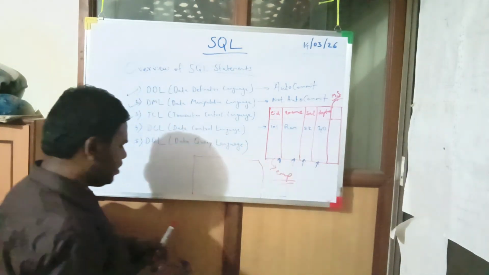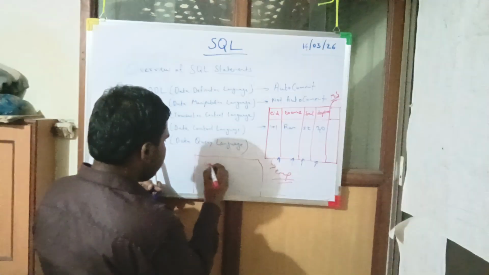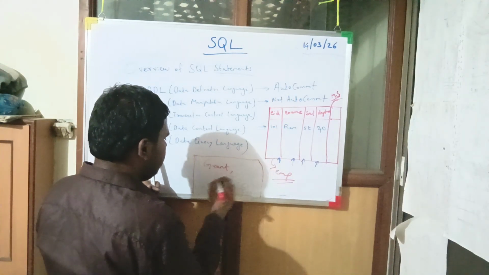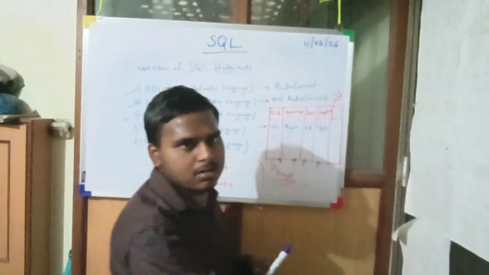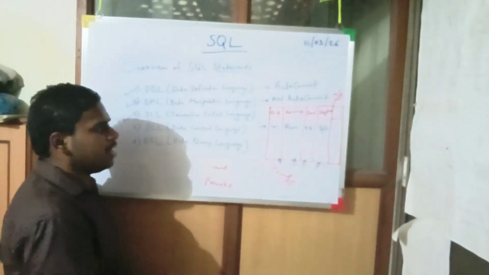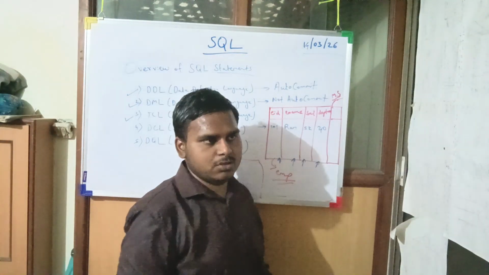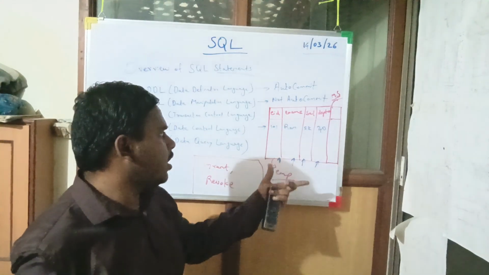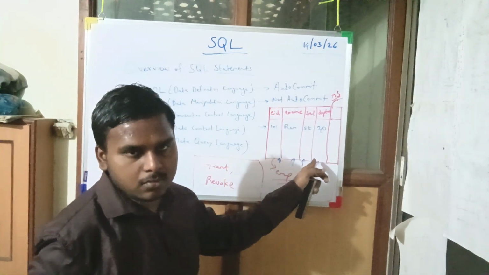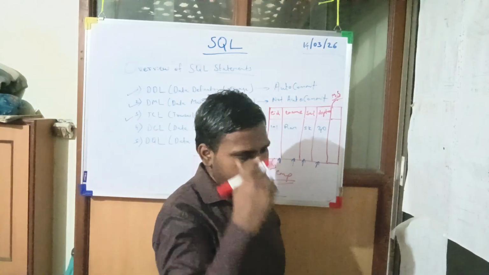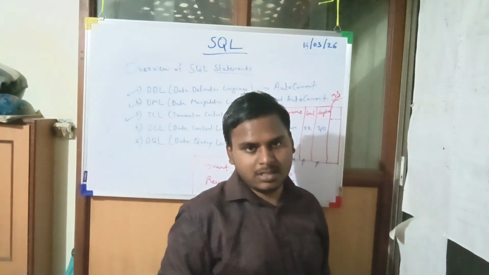Here the subtypes are grant and revoke. Grant means give the access to another user, and revoke means take back the access. What type of access can you give? Suppose I give HR the right to edit only the salary column. If a person is absent or came late to the office, HR can put a hold on his salary.